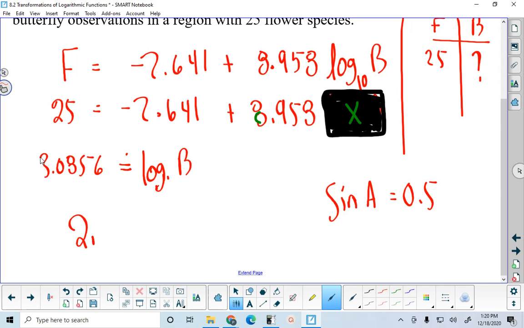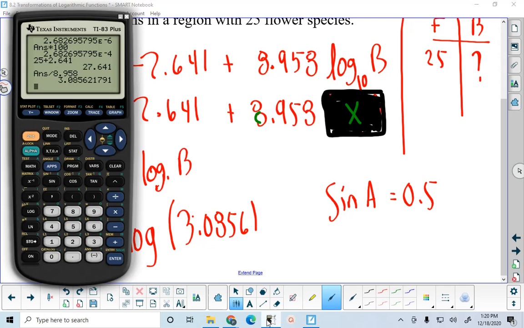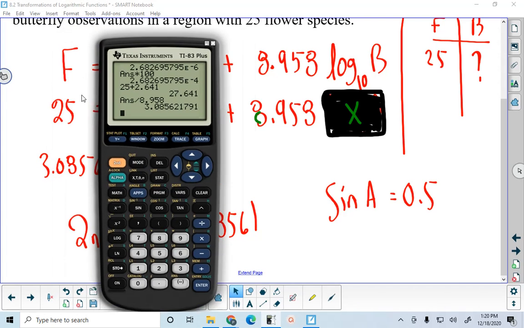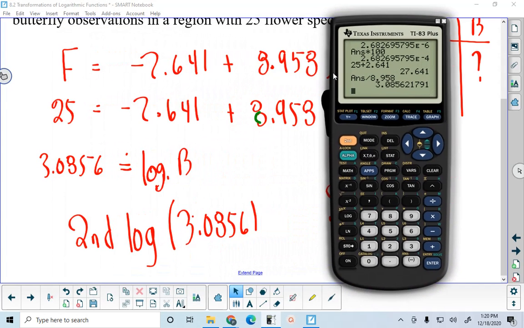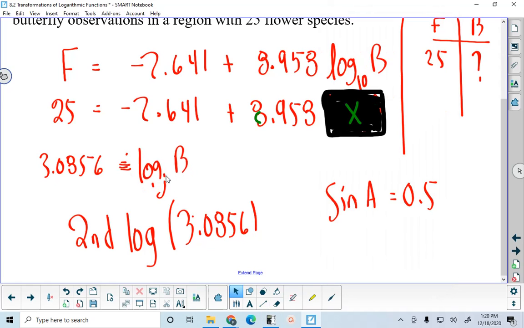You go second log of 3.08 whatever. But look at your calculator. When you go second log, what happens? 10 raised to the pops up, which I hope makes sense because this is log base 10.